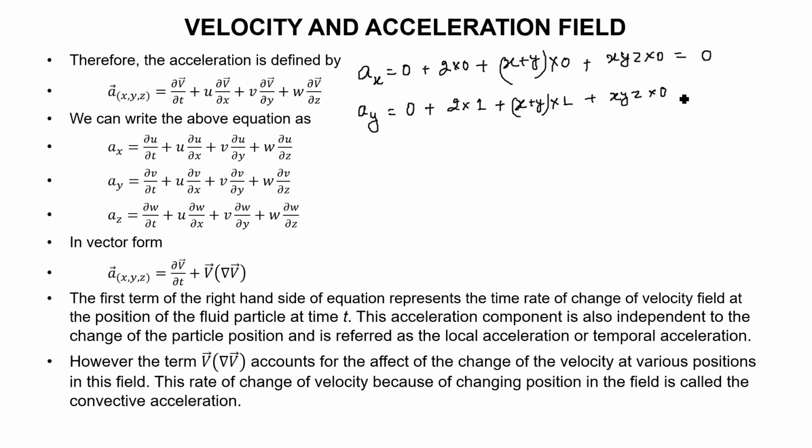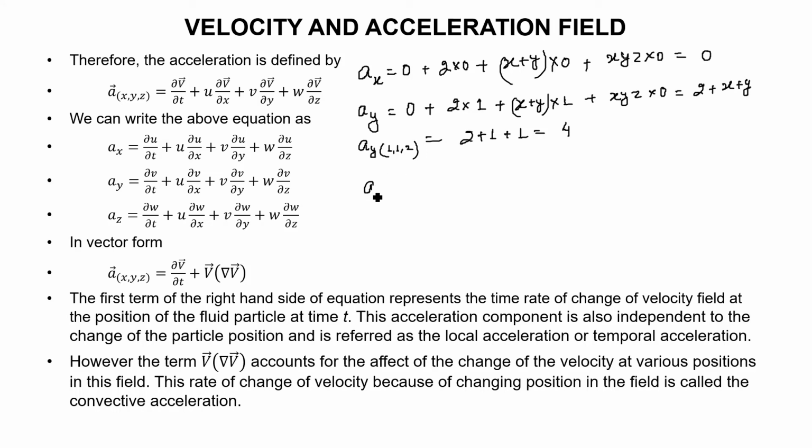After simplification, we get 2 + x + y. For position (1, 1, 2), we write 2 + 1 + 1, so it will be 4. So ay at position (1, 1, 2) is 4.